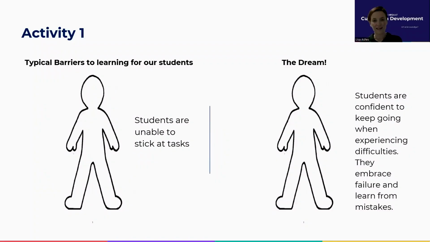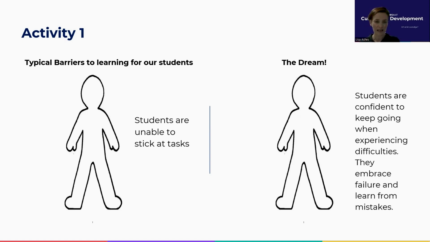Now that we've got the barriers, we need to turn our attention to the dream. What is it that we want from our students? So for example, if you have down that students are unable to stick at tasks, this is a barrier to learning. But on the other side, on gingerbread man number 2, what we're going to write down is the dream.